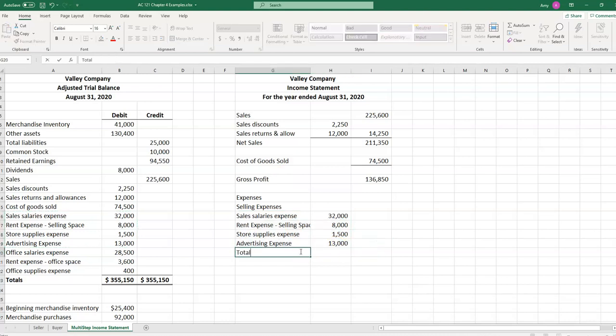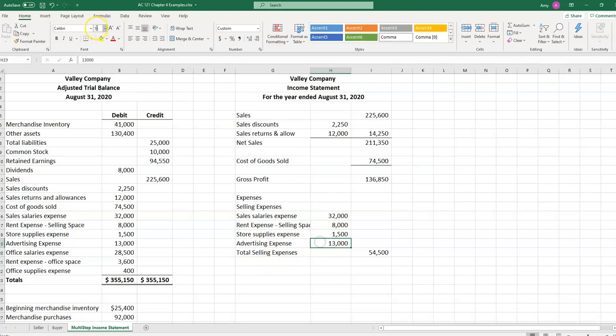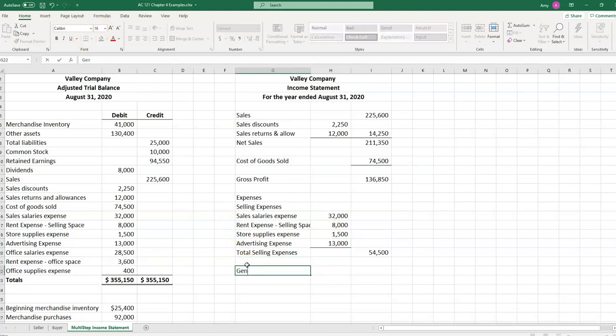So our total selling expenses equal the total of those expenses. Then we have our general and administrative expenses.